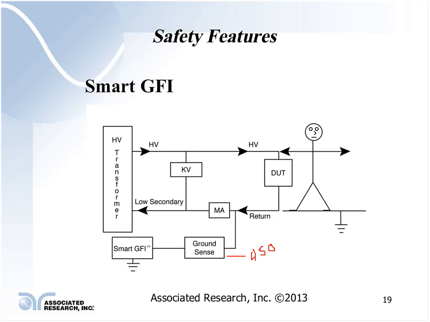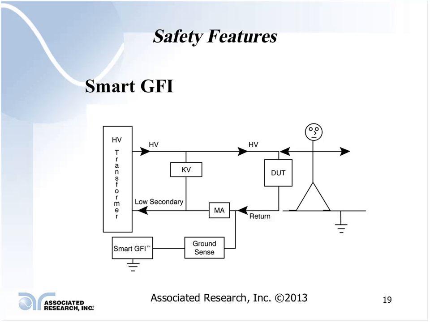That basically is our threshold for our ground sense circuit. We have had customers request that we adjust this, so it has been done as an option where we've increased that. We give you the option of turning it on or off.